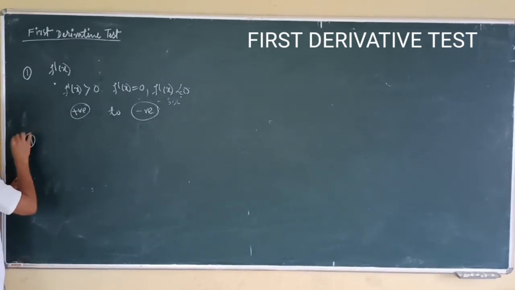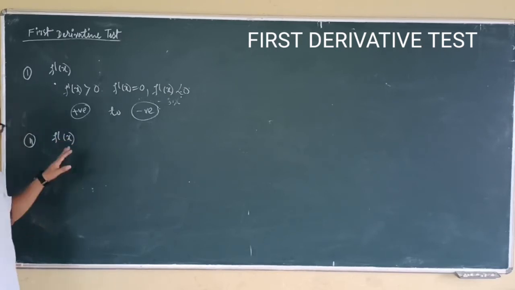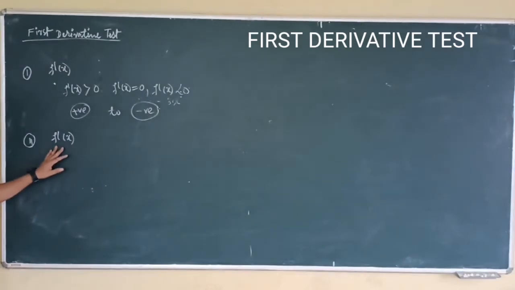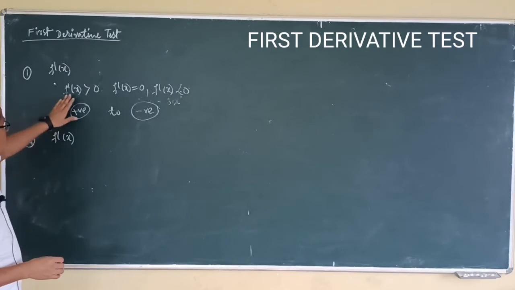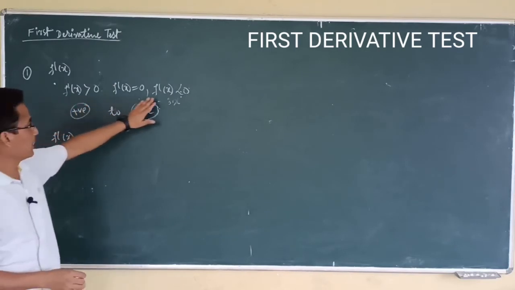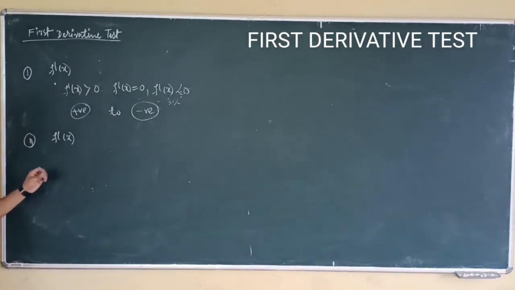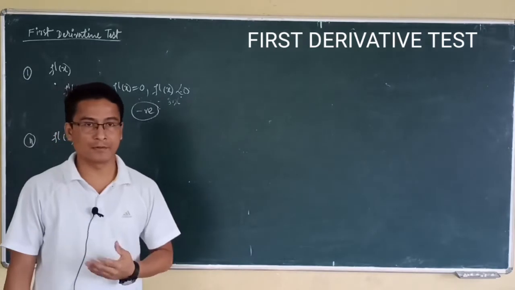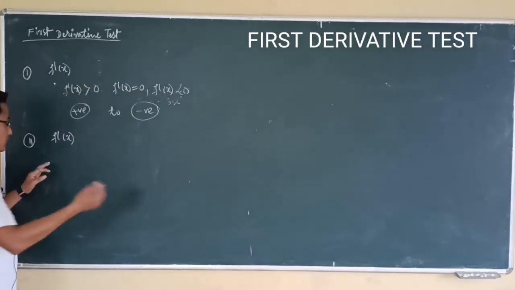Number 2, f dash x, that means dy by dx, is less than 0 and then f dash x is greater than 0. That means the sign changes from negative to positive, then we will get the minimum value of a function.